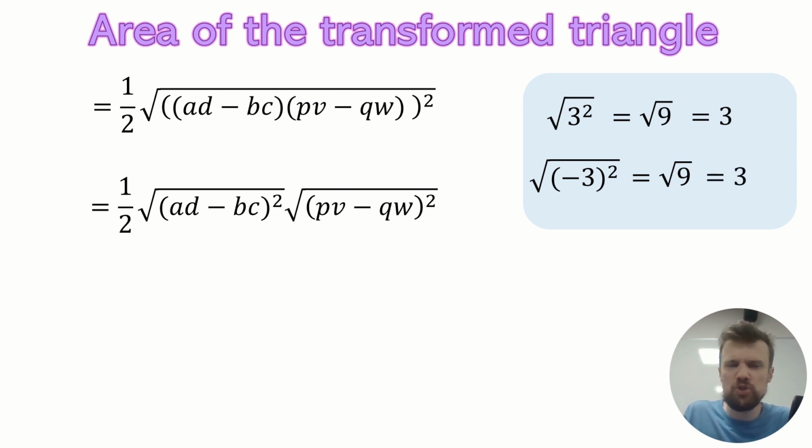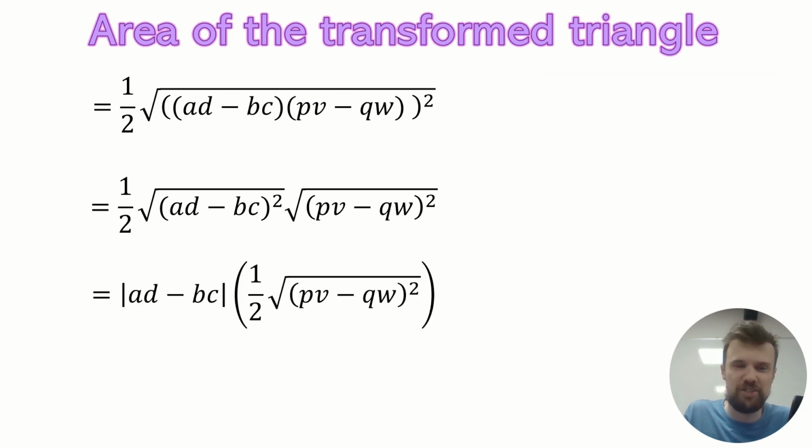So therefore, interestingly, the effect of square rooting something that's been squared is the same as doing the modulus of that thing. So therefore, the square root of AD minus BC all squared is the same as the modulus of AD minus BC. And so therefore, I've taken that out now as a factor out the front, moving the half so it's next to the other thing we had.